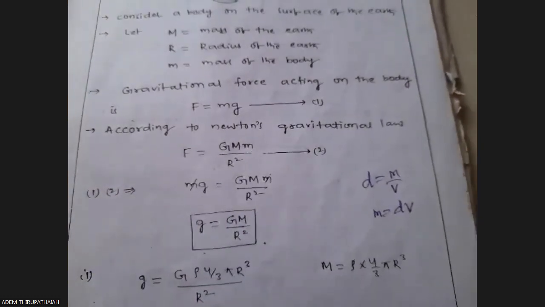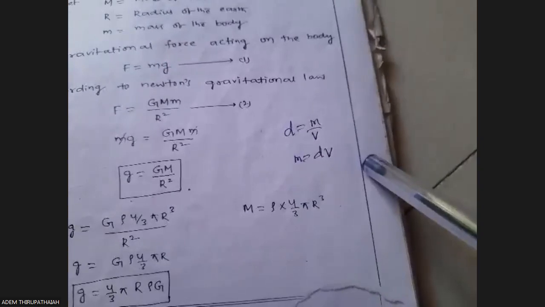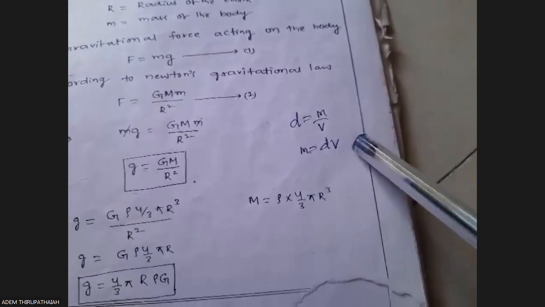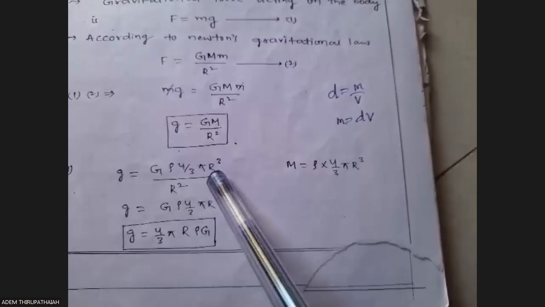Sometimes, density is equal to mass by volume, so mass is equal to density into volume. Here, g is equal to capital G, capital M by R square. We consider the Earth as a sphere. The density is rho, and the volume is 4 by 3 pi r cube.